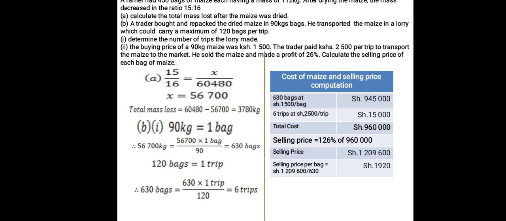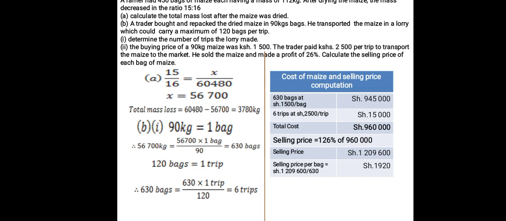Now, the last part, we have been told to calculate the selling price of the bag. Now, we can do that. You can see what I've done in the table. First of all, we find out how much the trader used to buy the maize. So 630 bags, he bought a bag at 1,500.